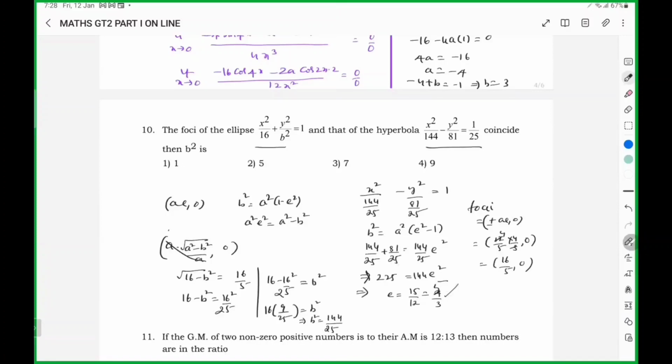Small correction. 3 5 5 by 4 it is. Here I made a mistake. Is 12 by 5.